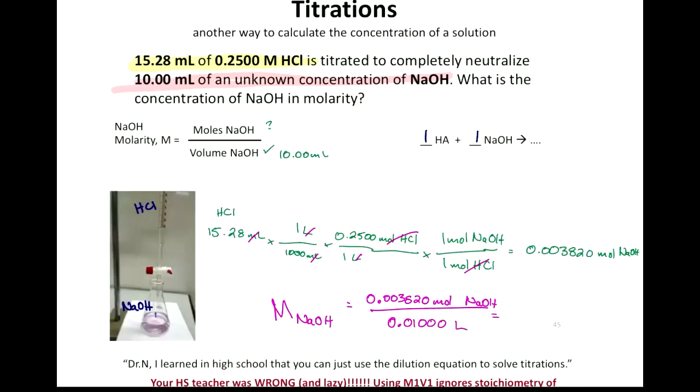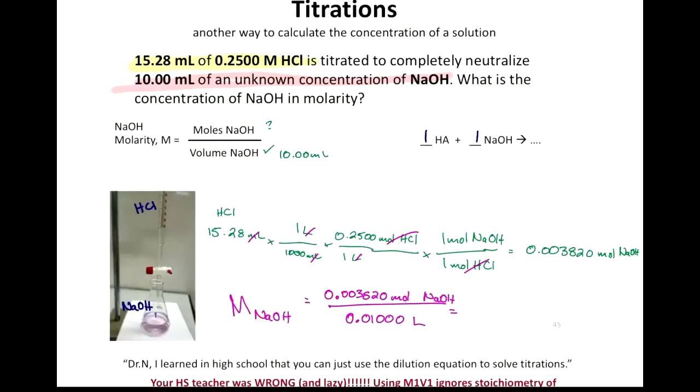So this will give me our concentration of sodium hydroxide. And so what you get is something like 0.3820 molarity of sodium hydroxide. So that is a titration between two different concentrations of solutions, an acid and a base.